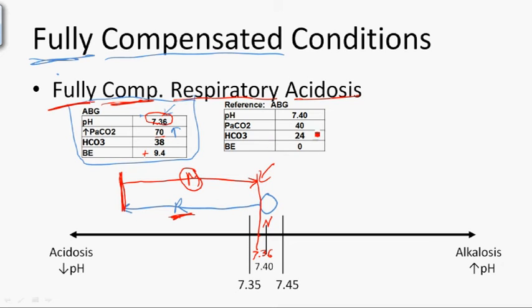So here I've got somebody who's got a chronic or maybe a high level of CO2 retention, and the body's compensated for that by retaining probably bicarbonate through the kidneys.